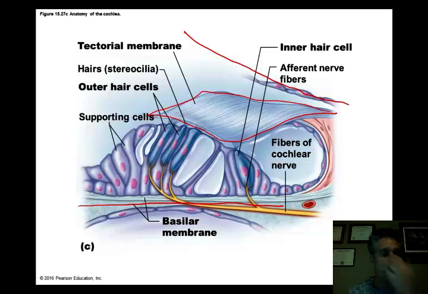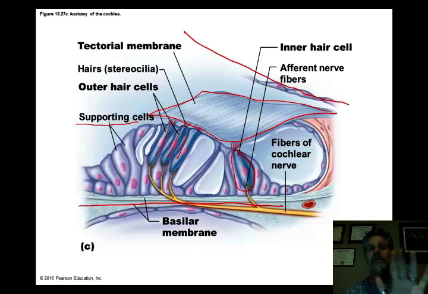And so the spiral organ is made up of a few different types of cells. We have supporting cells, we have outer hair cells that we see out here, and you can see how they have little hairs on the apical surface, and then there are inner hair cells in here, also with little hairs projecting out.